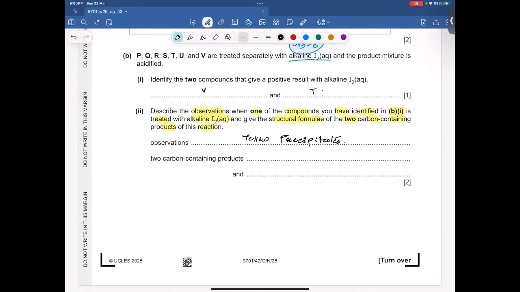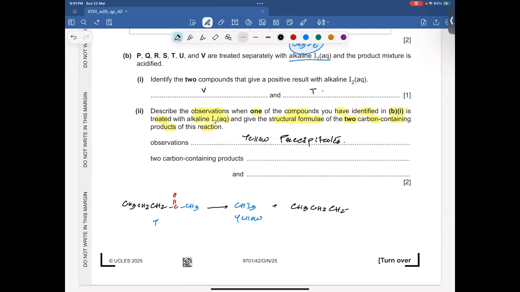So T is basically CH3CH2CH2 C double bond O CH3. When you treat it with alkaline aqueous iodine, the CH3 will turn to CHI3, which gives the yellow precipitate, plus CH3CH2CH2 will remain as it is.